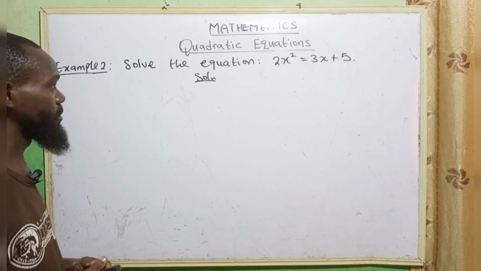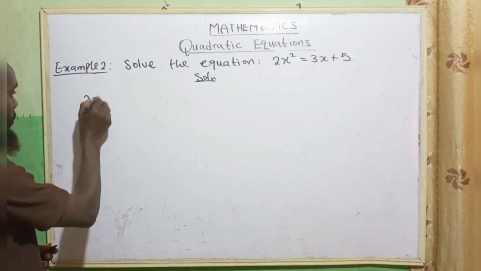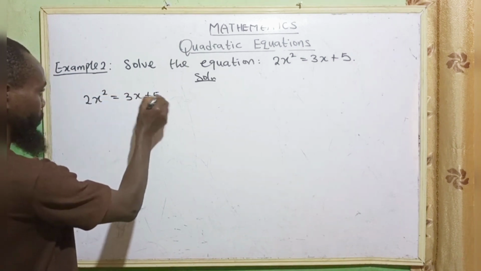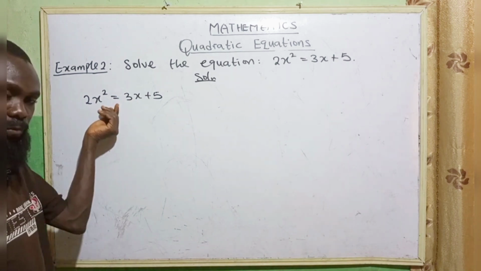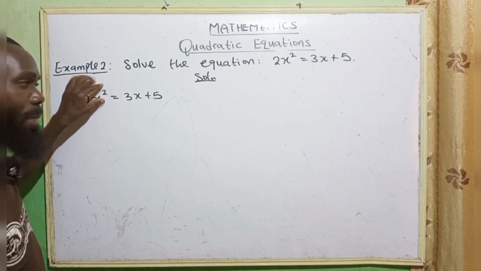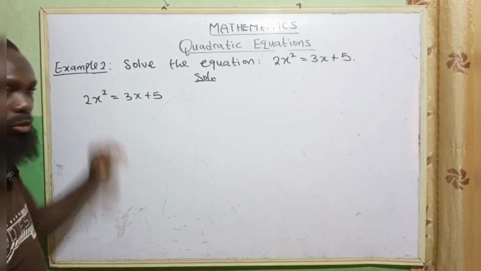Example 2. Solve the equation 2x squared is equals to 3x plus 5. Don't forget, this is an equation because of this equals to. It's a quadratic equation because of the power of 2. But we need to rearrange this equation according to the quadratic formula.